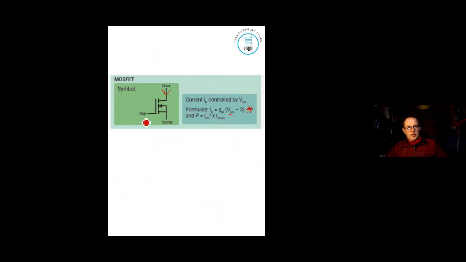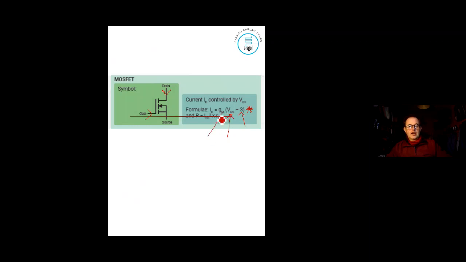With the MOSFETs, know that your gate current is 0. Ideally, it is 0. Your gate to source voltage is coming into your MOSFET, usually connected to a logic system, because the logic will give you a VGS value which is quite big. 3 volts is normally needed to turn a MOSFET on.